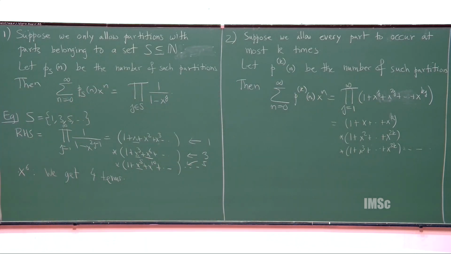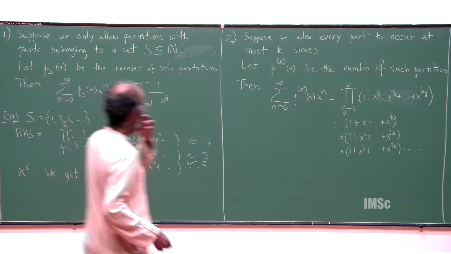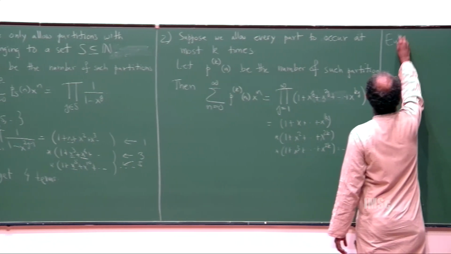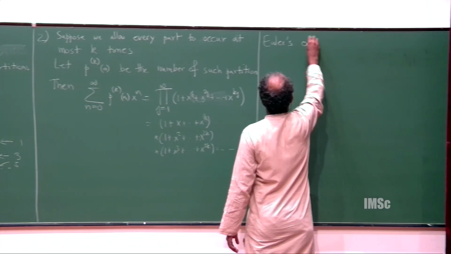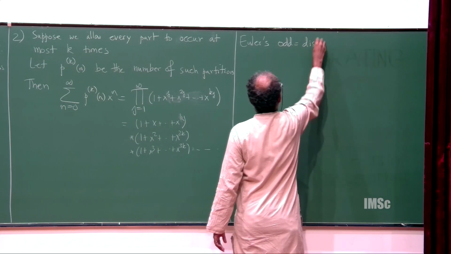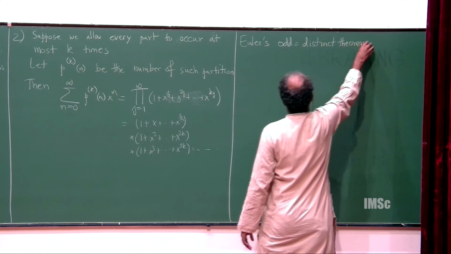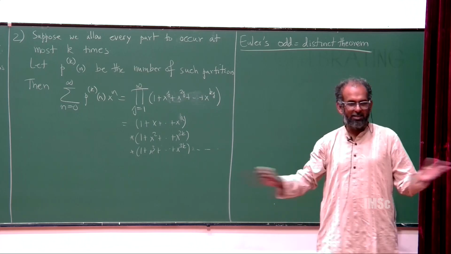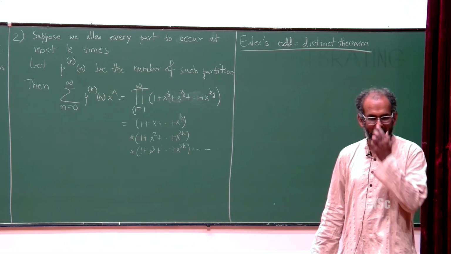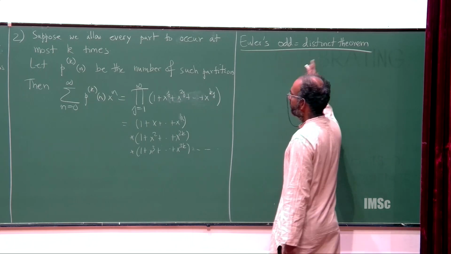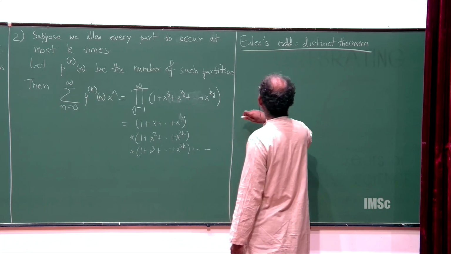Okay, so let me see. Now I think I should be able to state and prove Euler's odd equals distinct theorem. If you just say Euler's theorem, there are so many things that appear in so many parts of mathematics, so it's better to qualify. So Euler's odd equals distinct theorem says the following.